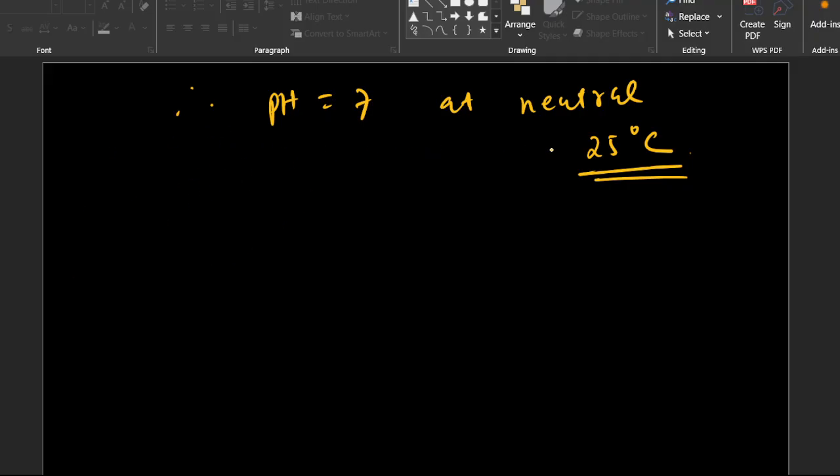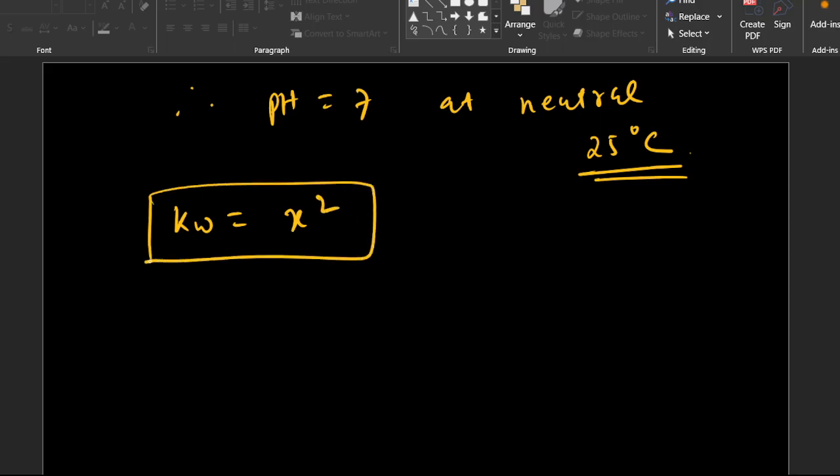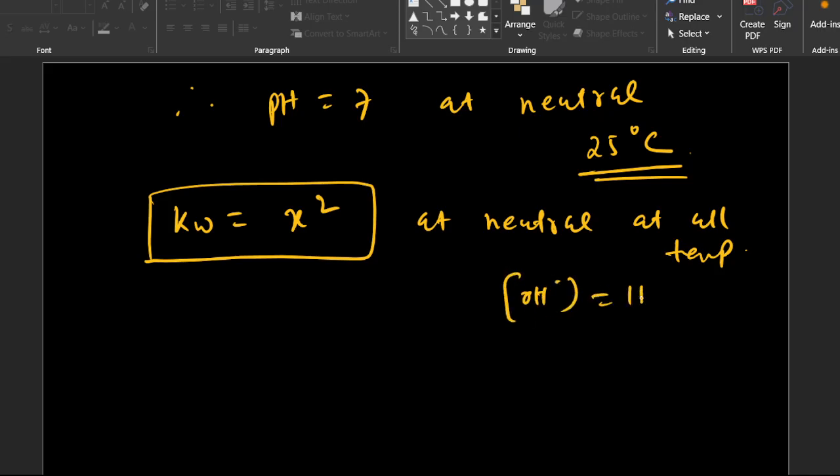If temperature increases or decreases, then the value of 7 will increase or decrease. But remember that Kw equal to X squared will always hold at neutral, at all temperatures, because neutral means both have the same concentration. Neutral means OH minus concentration is equal to H3O plus concentration, right?